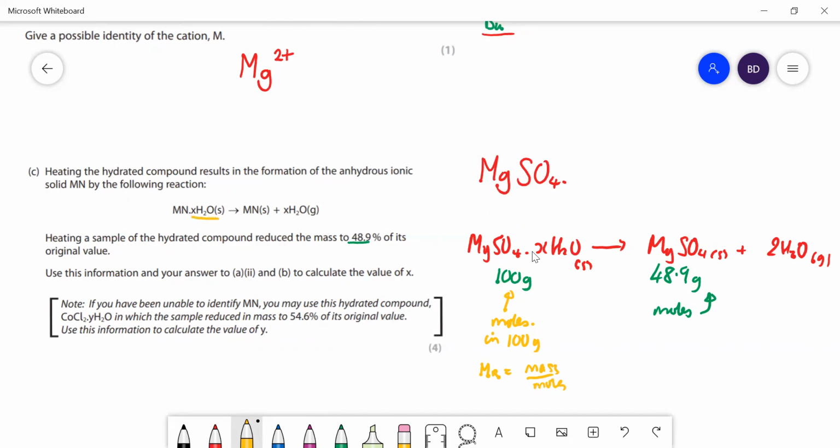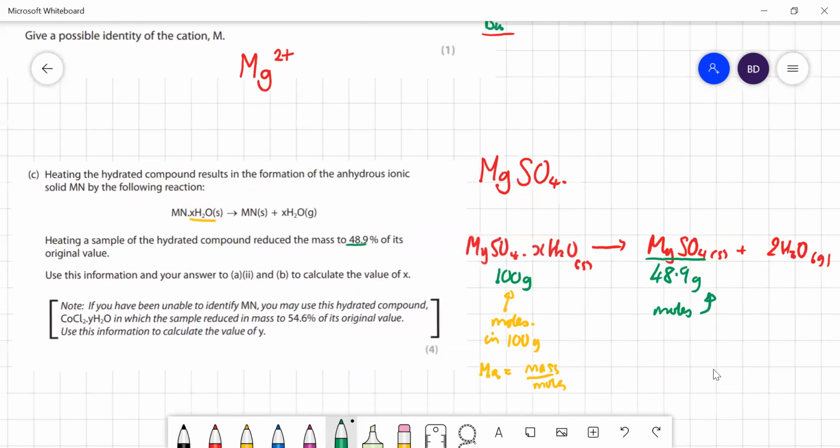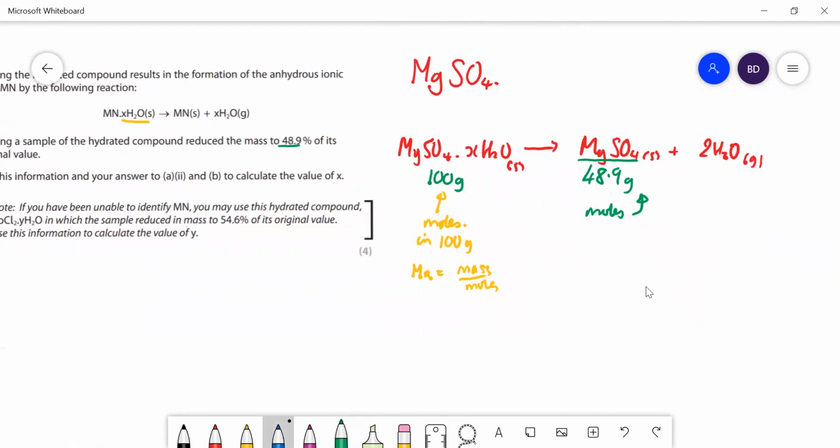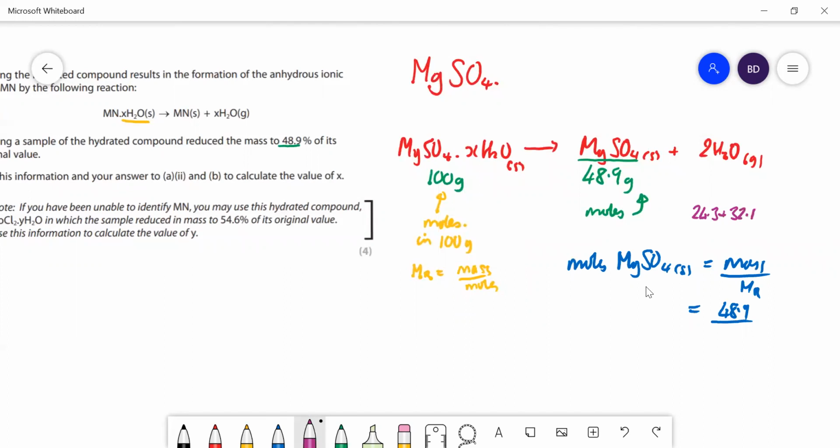Okay, so first of all, we need to work out the moles of the anhydrous one, this one here. So moles of anhydrous magnesium sulfate, and we do know the MR of that because there's no water in it, is equal to mass over MR. The mass is 48.9 grams, and the MR, so we've got 24.3 for magnesium, plus 32.1 for sulfur, plus 4 times 16 for the oxygens.